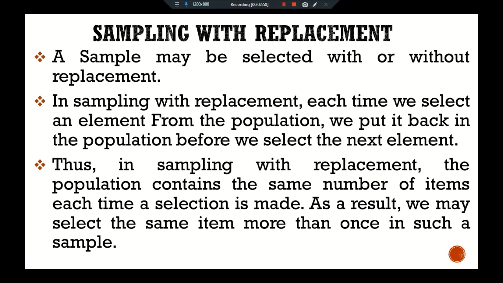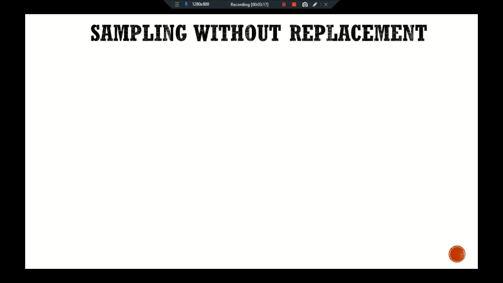This is an example of sampling with replacement. The experiment of rolling a die many times is another example of sampling with replacement, because every roll has the same 6 possible outcomes.